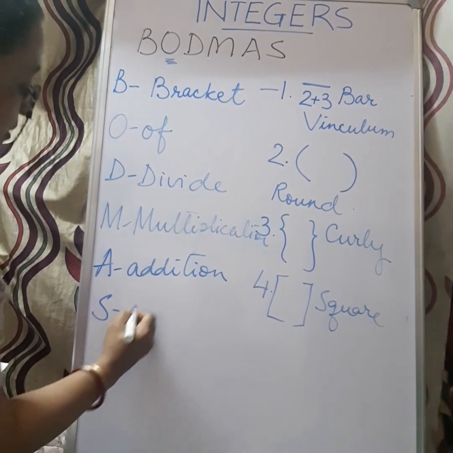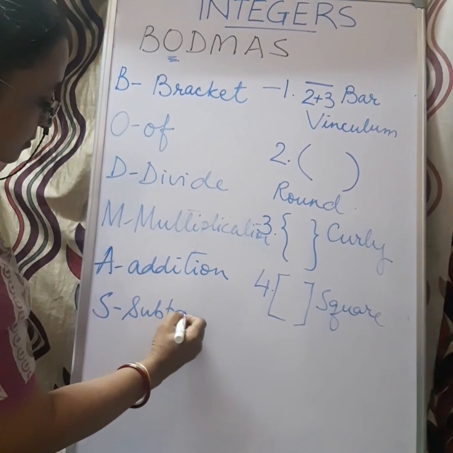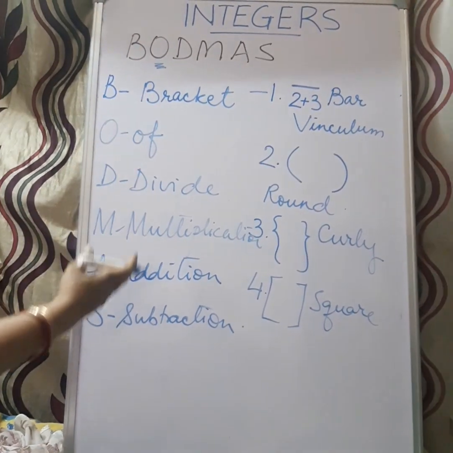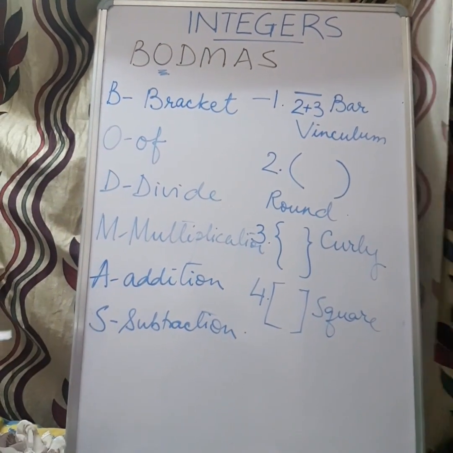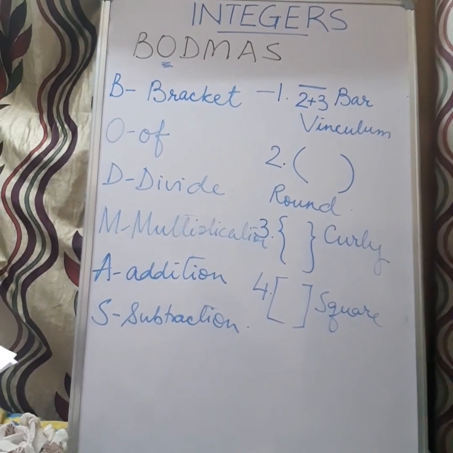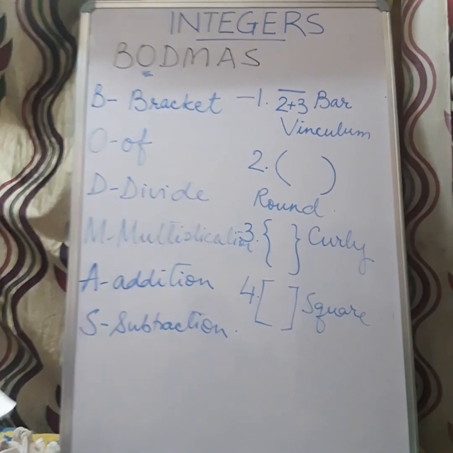And finally subtraction. So this is the sequence in which we have to solve the questions of simplification. Integers go endlessly in both directions. So there is no smallest or greatest integer.